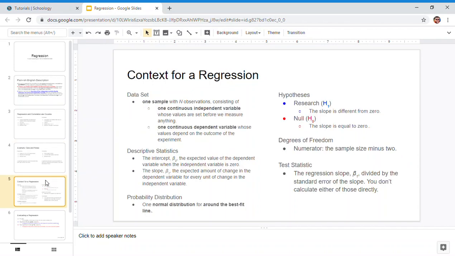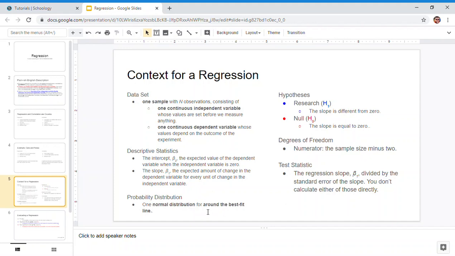So in a regression, you have two continuous variables, and you have two descriptive statistics. You have the intercept and the slope, because we're basically modeling a line, which I'll show a picture of in a second. And so the expected value of the intercept is the expected value of the dependent variable when the independent variable is 0. So what would someone weigh if they were 0 feet tall? Or how much noise would there be if there were 0 cars?